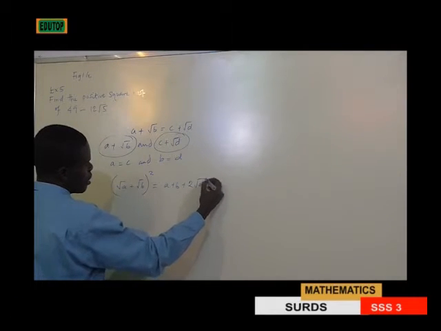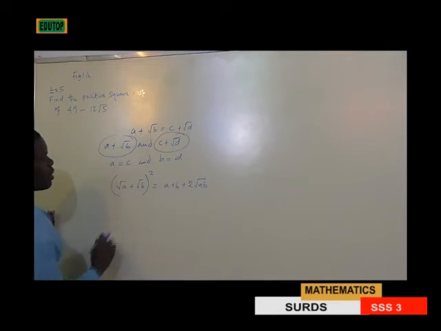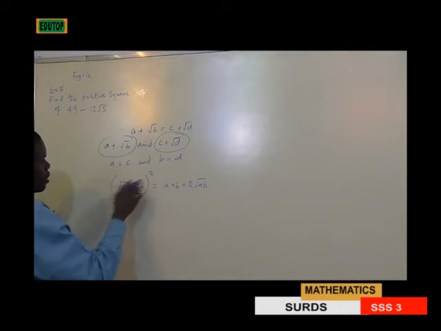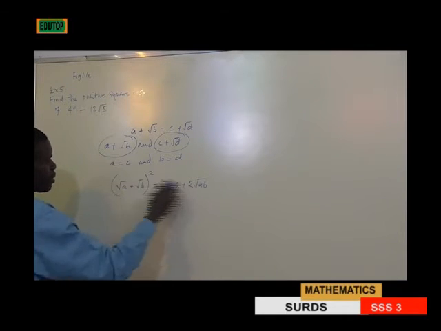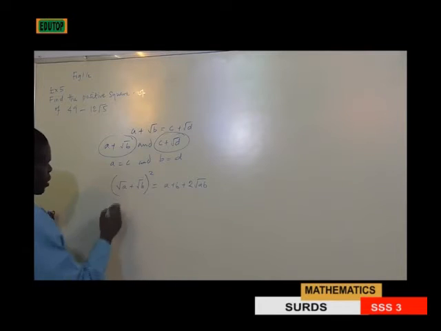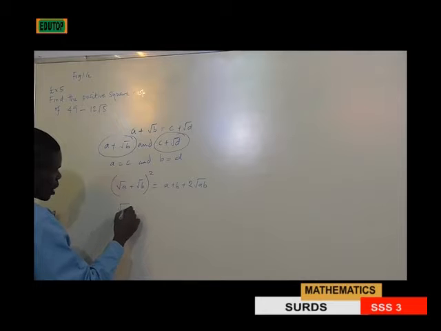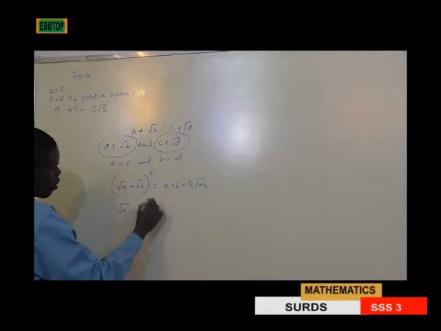When you expand this, you have this, and that is not far-fetched. This on this, you have this. This times this, you have this. This on this, you have this. It's not far-fetched.